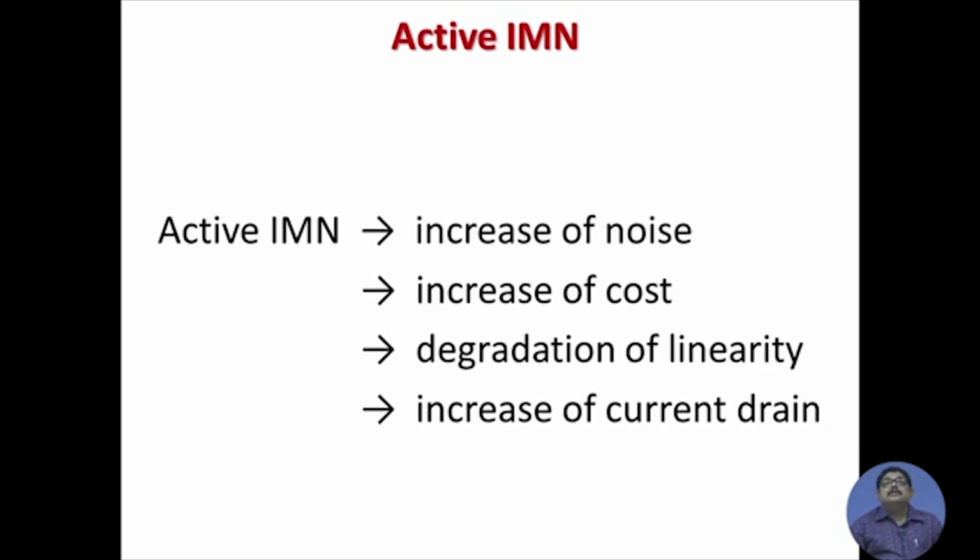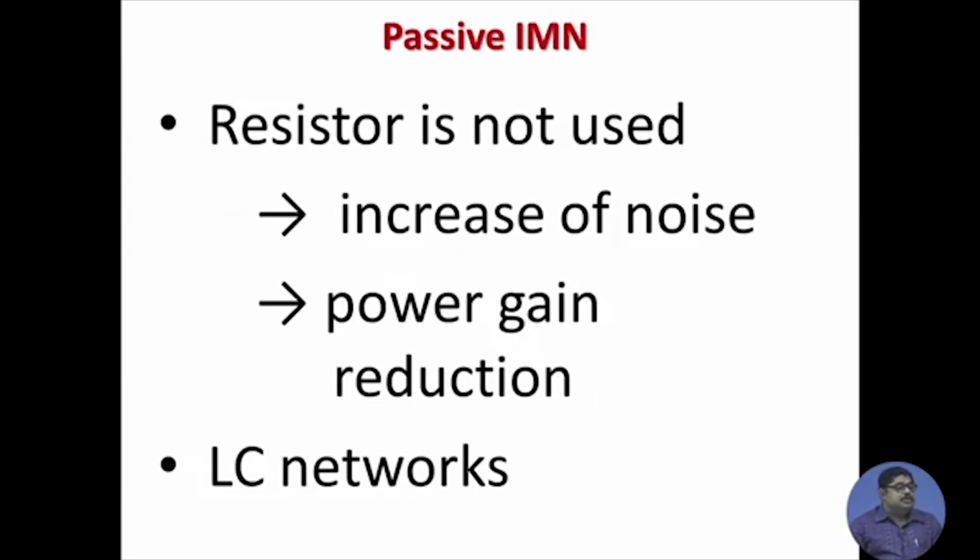So, that is why it is preferred that if your purpose is served by a passive IMN, then that is advantageous. In a passive IMN you can again make it with RLC, but a resistor is generally not used, because it has some power dissipation, so if you can avoid it, it is good.